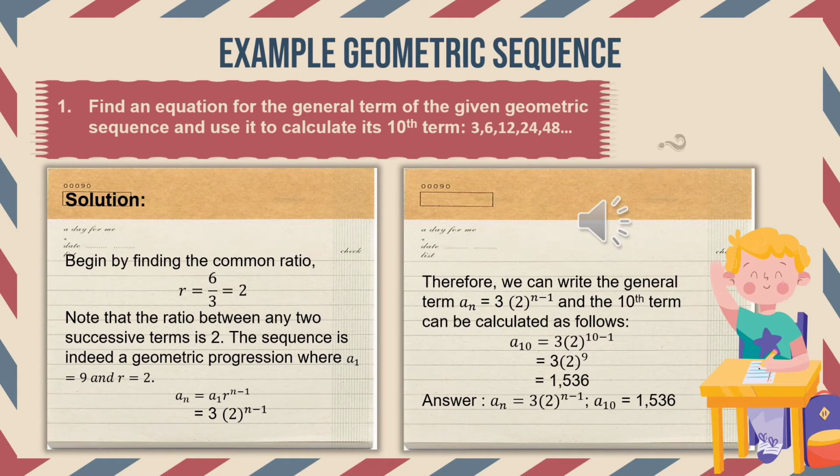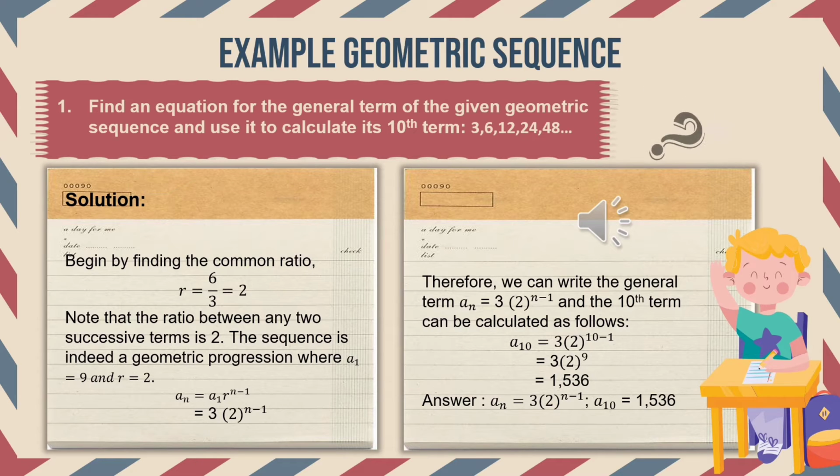So the solution: begin by finding the common ratio. r is 6 divided by 3 is 2. Note that the ratio between any two successive terms is 2. The sequence is indeed a geometric progression where the first term is 3 and r is 2.